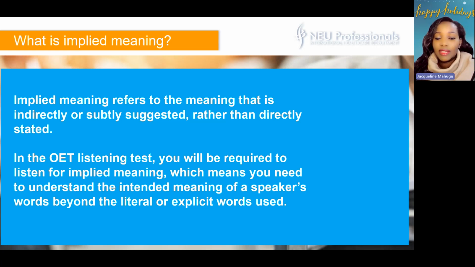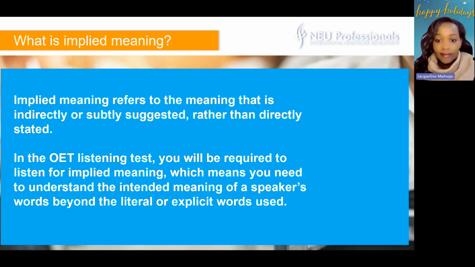It's the most basic and clear message that someone is trying to convey. For example, if someone says, I am hungry, the explicit meaning is that they are feeling hungry and they want to eat something. So you don't have to guess or interpret what they mean because they said it very clearly. It's like someone telling you exactly what they mean without any extra clues or hints.